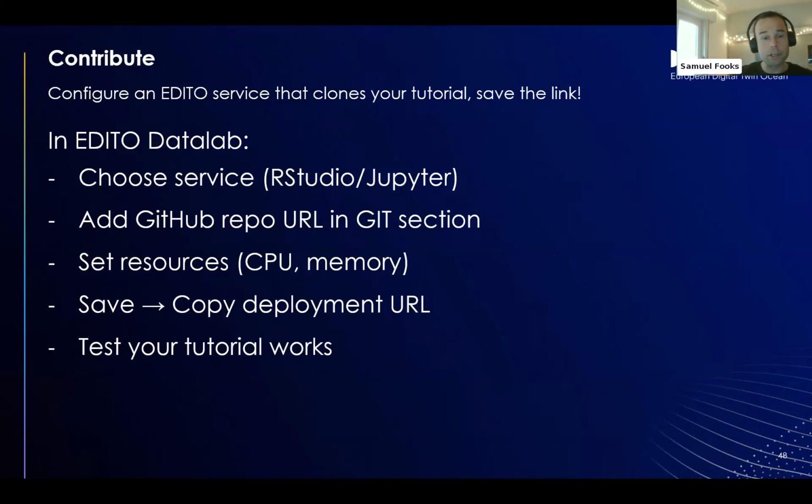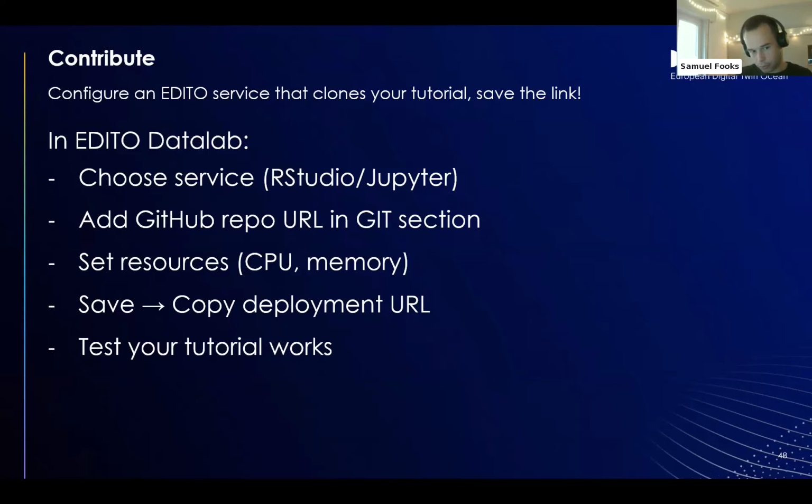So when you're setting up a service, you're able to add a Git repository in the configuration, which will automatically pull from that repository, or if there's a token needed to pull from it, you can include that as well. But the idea is when you're configuring that service that you'll choose the right base image. So is it an RStudio or whatever? You will put in the link to your Git repository.